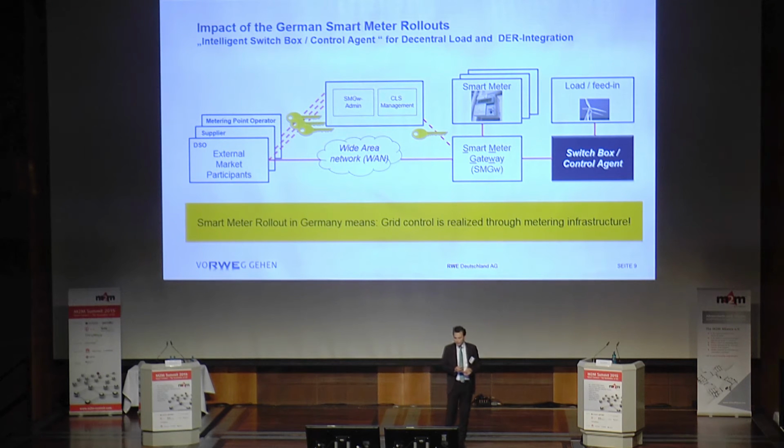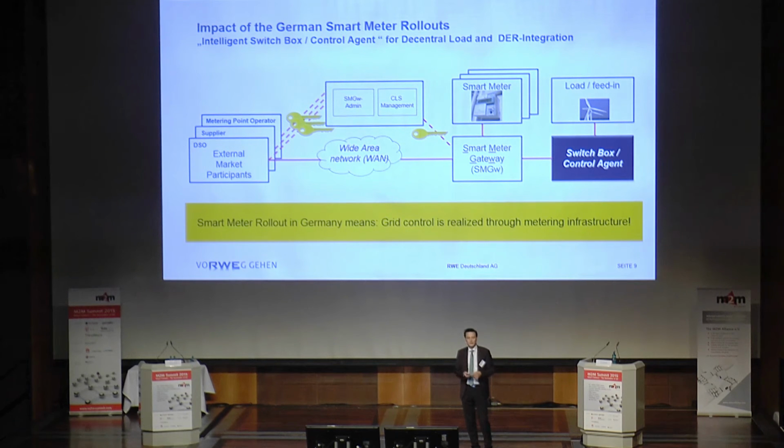So the switch box or control agent was born, and now we are facing the problem that we need to integrate an additional element into this measuring infrastructure. We call it in German Steuerbox, so I just translated it to switch box.